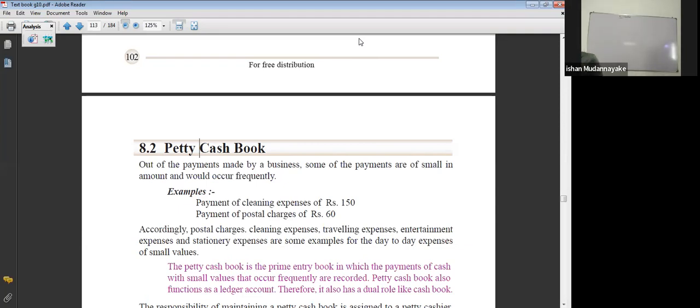Students, before starting petty cash book, can you go to page number 98 of your textbook?